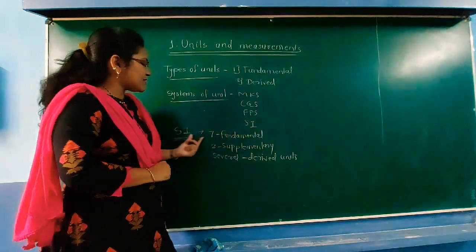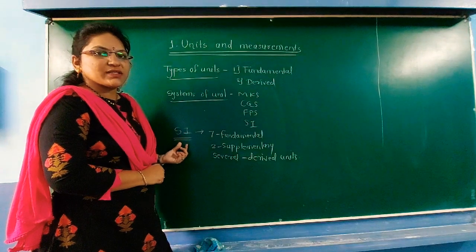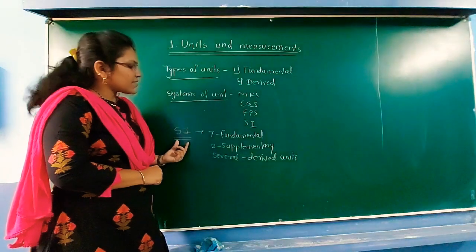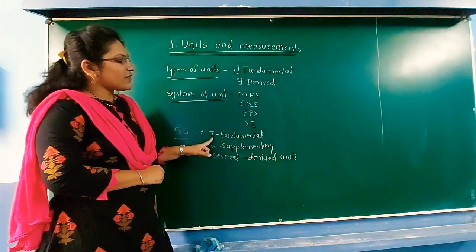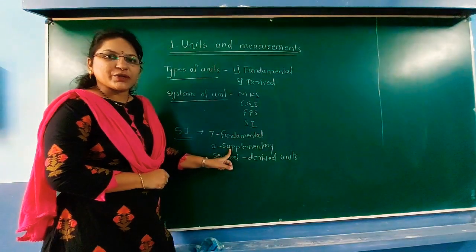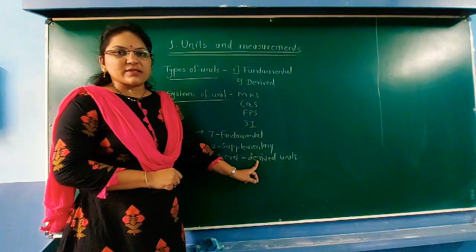SI means System International Units. This I have told you in the last lecture. In SI units, there are 7 fundamental units, 2 supplementary units and several derived units.